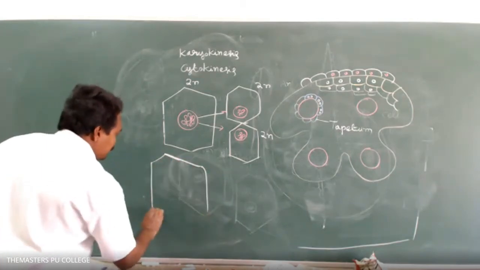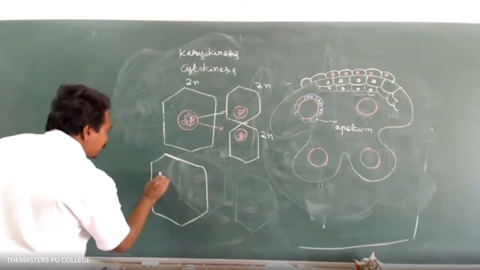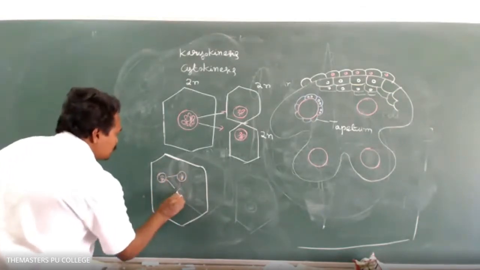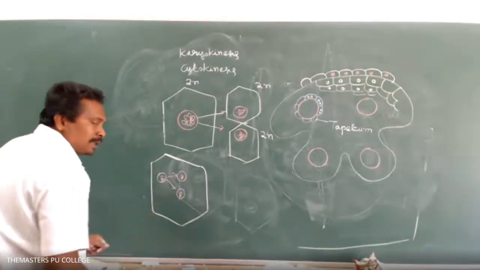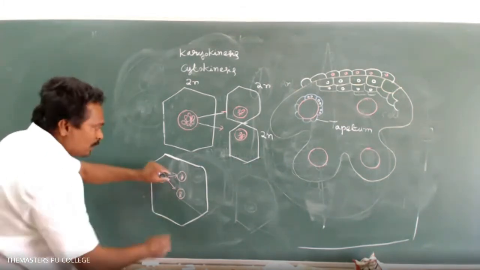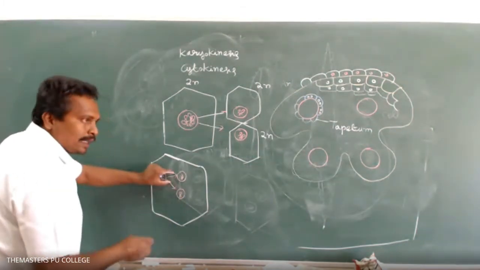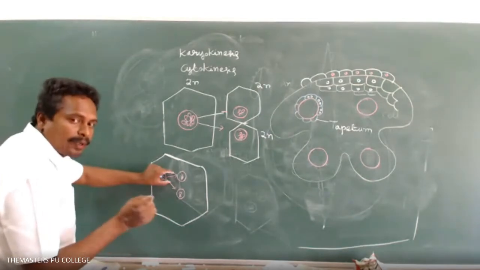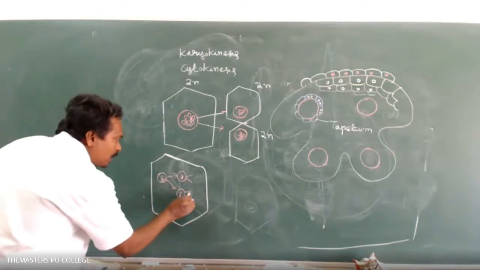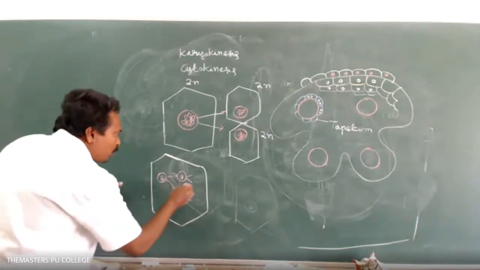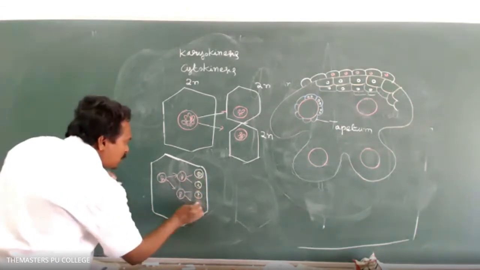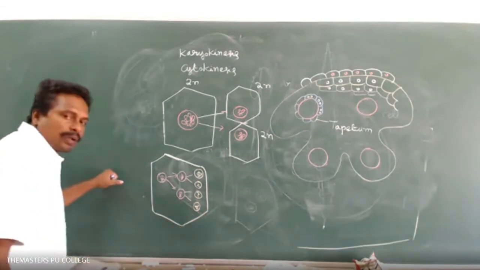One nucleus is divided to give rise to two nuclei. How many nuclei are formed? Two. These two nuclei again undergo karyokinesis and form four nuclei.